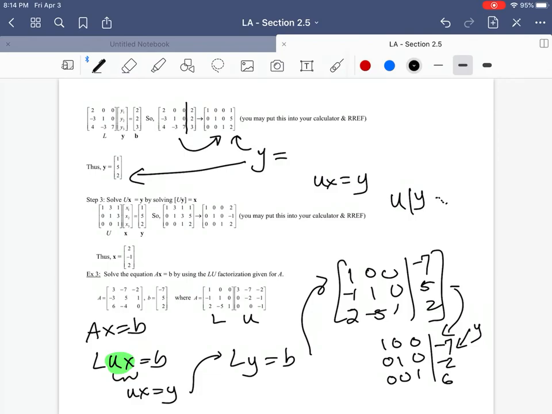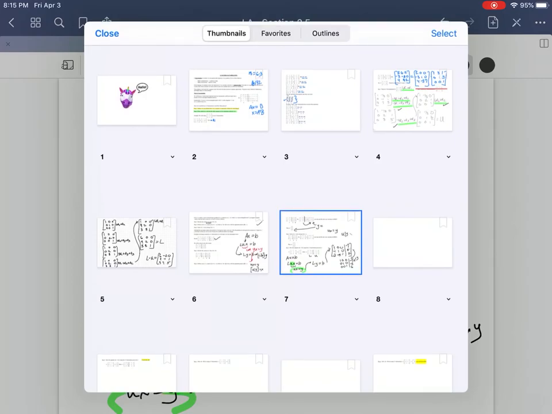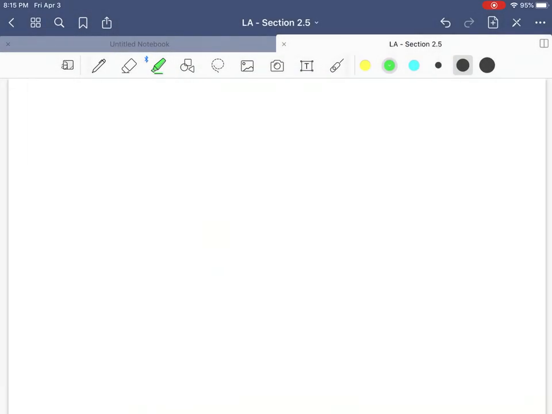All right, okay, so then we're going to take that Y value and use it to solve this piece right here. I'm going to write my upper matrix and put my Y in the augmented part of it, and then row reduce it, and then we will solve it. Sorry about that.